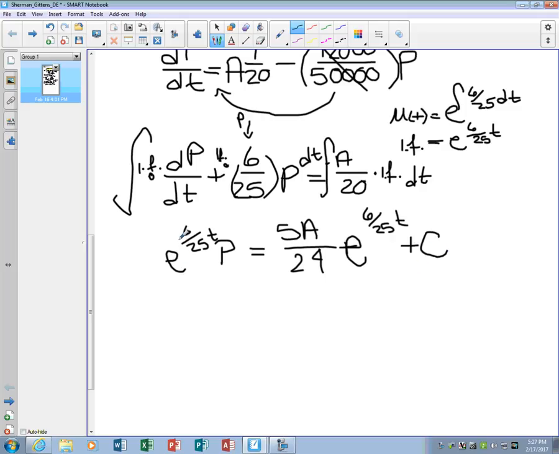So now we're going to divide everything out by the e to the 6/25 t.